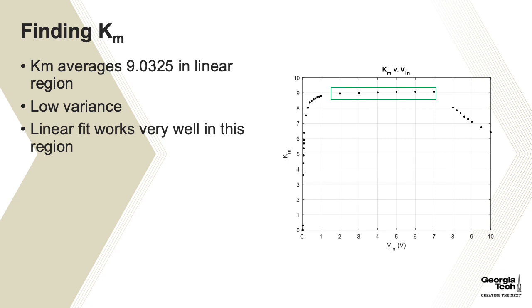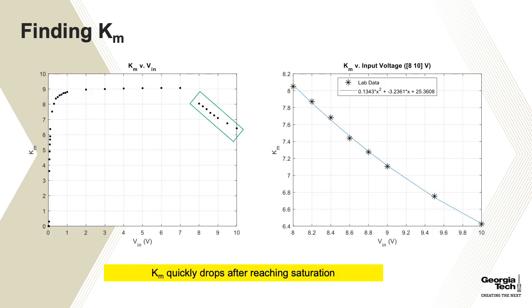As we can see, there's very low variance, and the linear fit works very well in this region. In the saturation zone, Km rapidly decreases and has a slight upwards curve implying an asymptotic approximation of 0. This is exactly what we would expect, as the velocity of the motor stays constant and the input voltage is increasing.